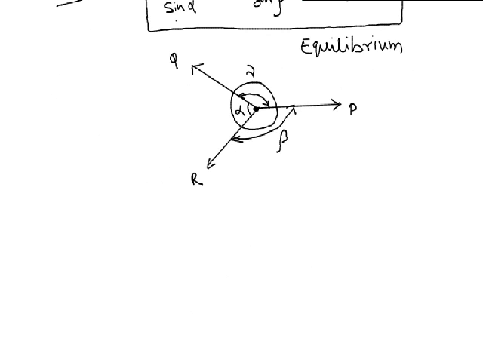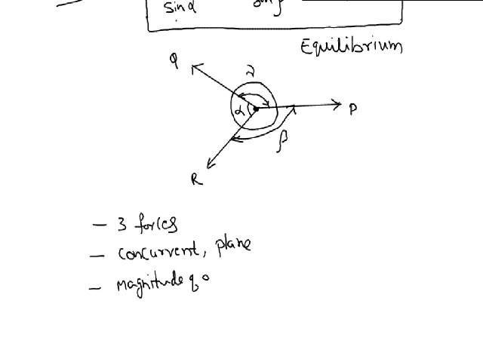This Lami's theorem is useful in situations where you have three forces. The three forces are concurrent, they lie in the same plane, and you know the magnitude of one force and you know angles alpha, beta and gamma.